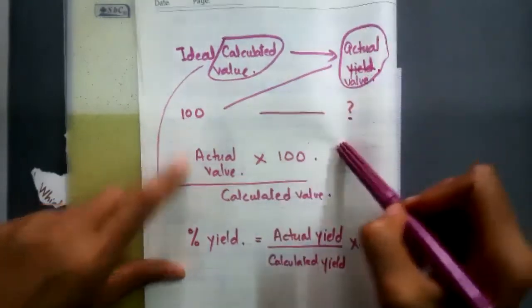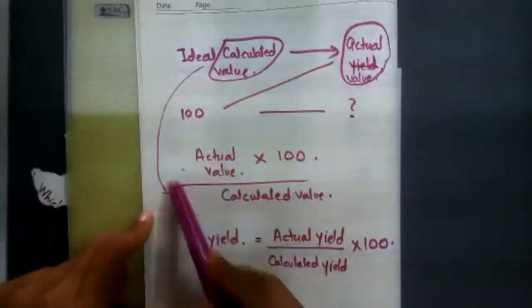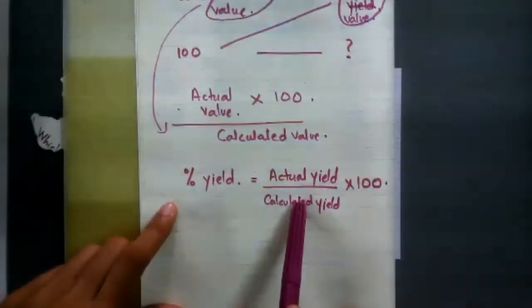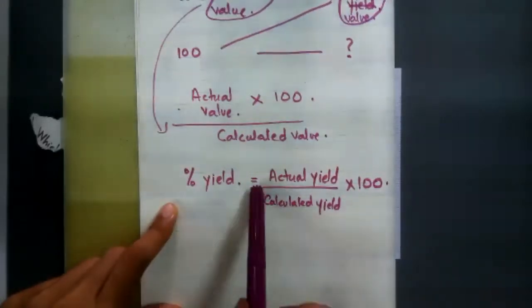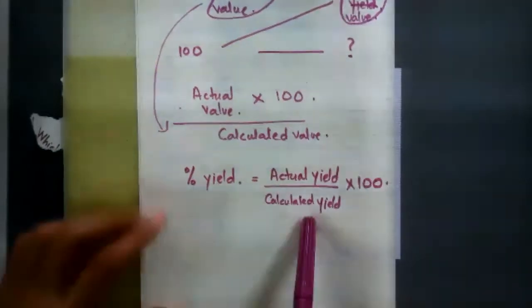Did you understand this? So I cross multiplied the actual value by 100 and divided by the calculated value. So I got this formula: percentage yield is actual yield multiplied by 100 divided by the calculated yield. Now let me talk in detail about this.